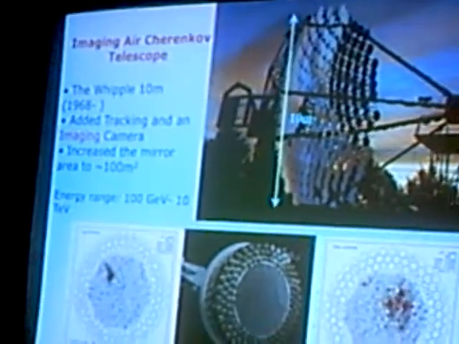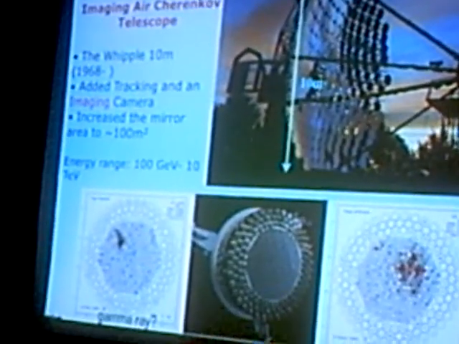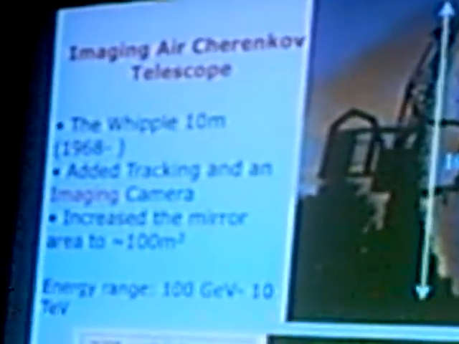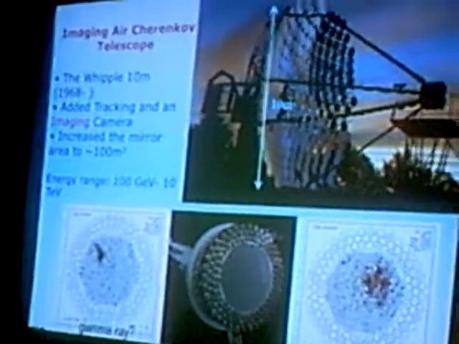Trying to put together all the properties that allow you to distinguish between the cosmic rays and the gamma rays, one comes up with the idea of an imaging detector.